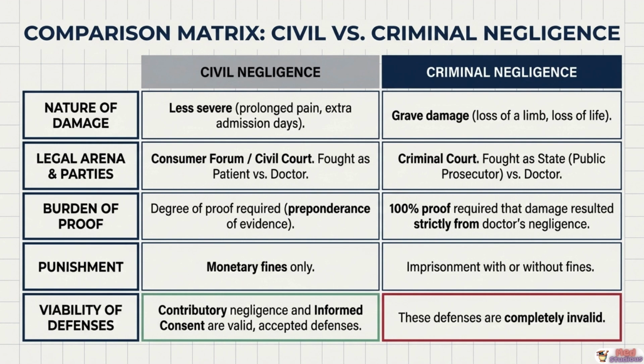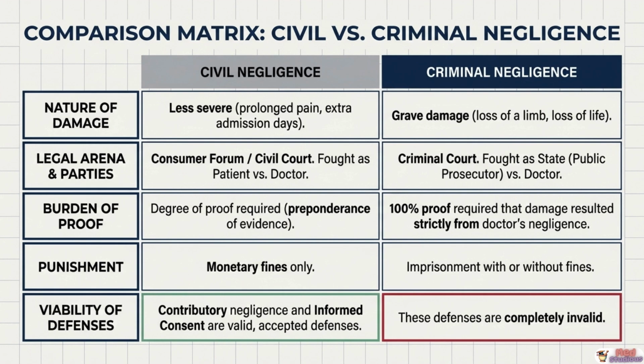Criminal negligence involves grave damage, loss of a limb, permanent disability, or death. It is adjudicated by the criminal court, framed as the state via public prosecutor versus the doctor. The standard of proof is essentially absolute. It must be proven beyond reasonable doubt that the damage resulted strictly and exclusively from the doctor's negligence.